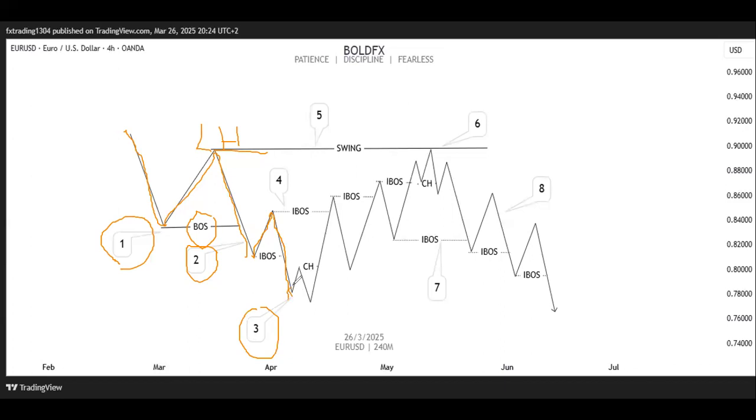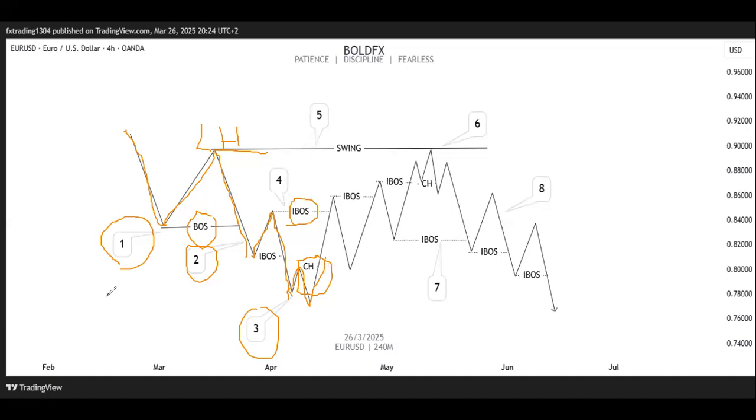So as you can see, price created an internal change of character right there. An internal change of character is an early sign that a swing pullback may be starting, but it does not confirm. It's not confirmed until a bullish internal break of structure is formed, right? Until this internal break of structure is taken out.